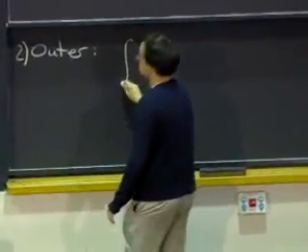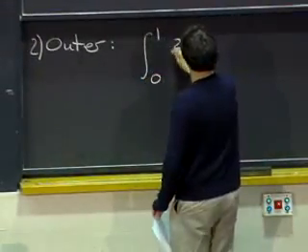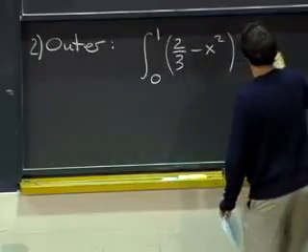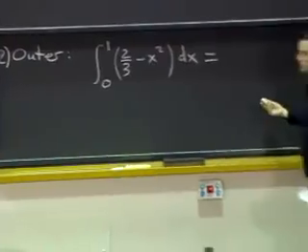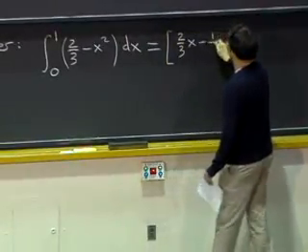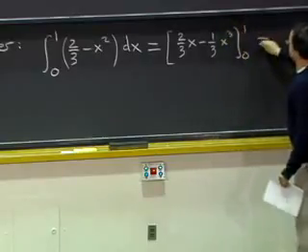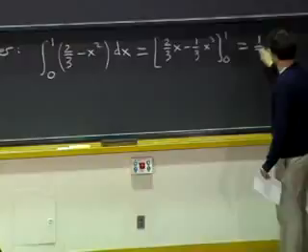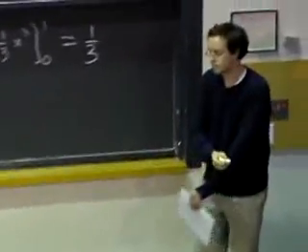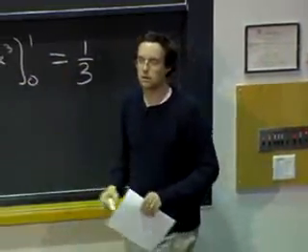So now we integrate from 0 to 1 what we got, which is 2/3 minus x squared dx. We know how to compute that because it integrates to 2/3 x minus 1/3 x cubed between 0 and 1. I'll let you do the computation, you will find it's 1/3. So that's the final answer.